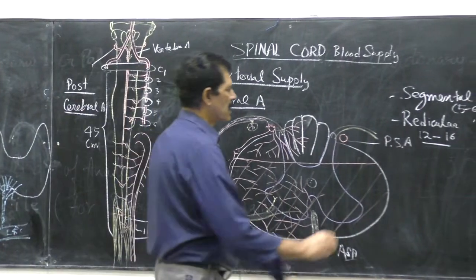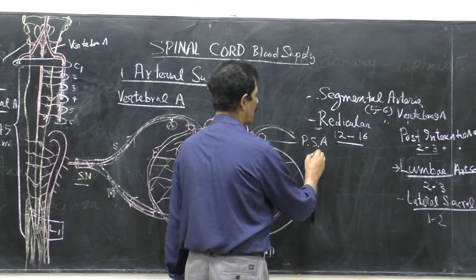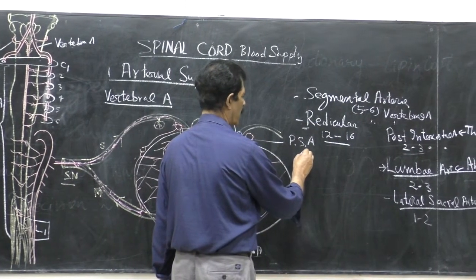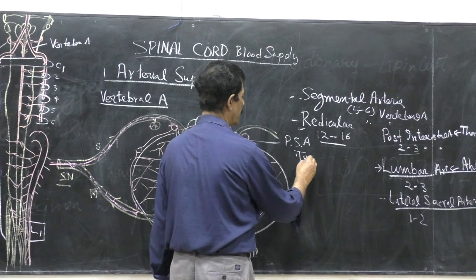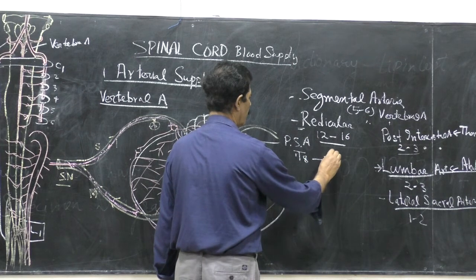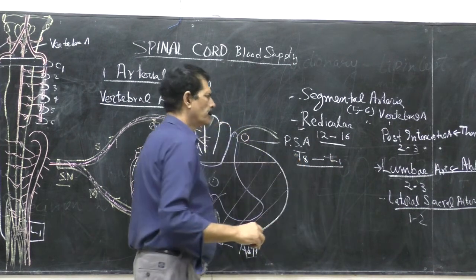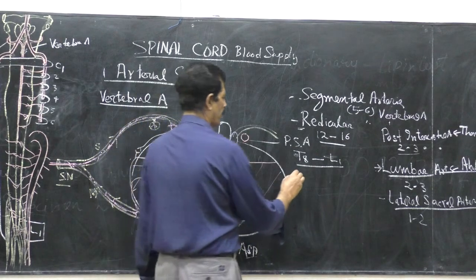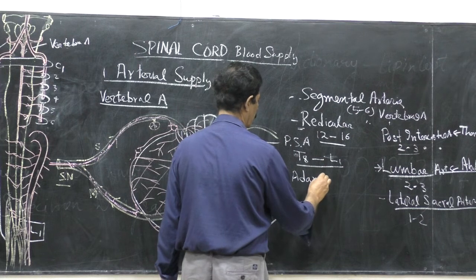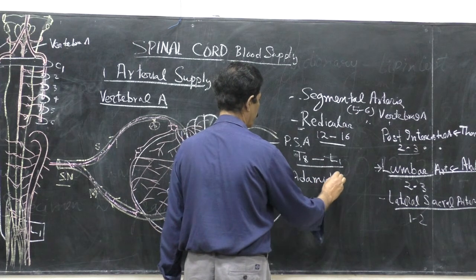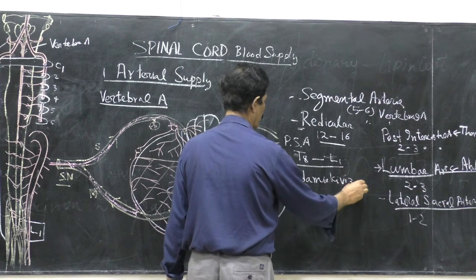Out of these, one artery, which is the largest radicular artery and arises between T8 to L1 vertebra, is called Adamkiewicz artery.